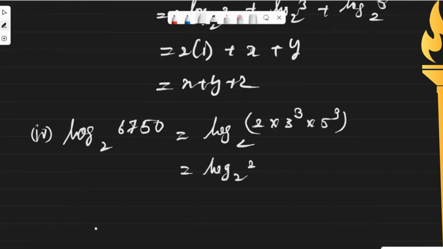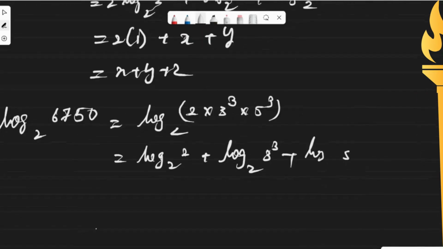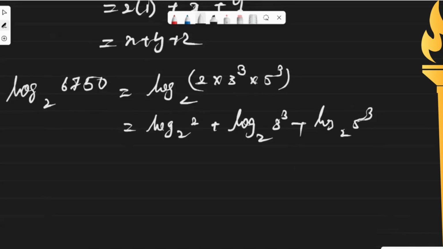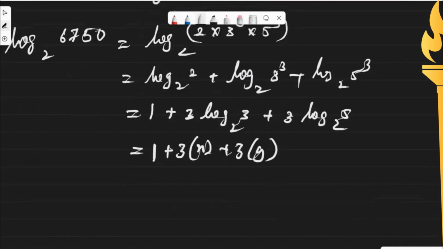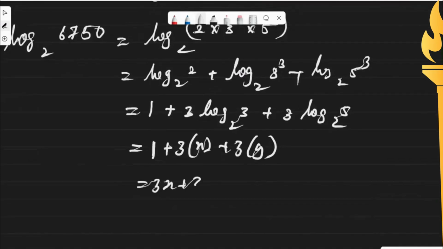So this will be log 2 base 2 plus log 3 cube base 2 plus log 5 cube base 2. Log a base a is 1. Log a power n is n log a. So log 3 power 3 is 3 log 3 base 2. Similarly, we will get 3 log 5 base 2. So this will be 1 plus 3 into x plus 3 into y. So this will be 3x plus 3y plus 1.